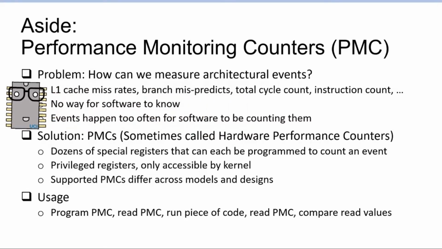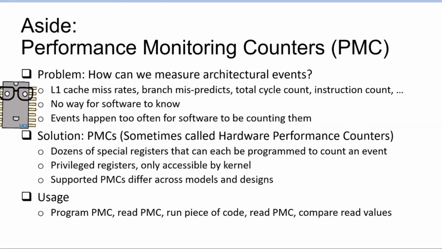Partially because architecturally, these are not exposed to the software, because these changes are supposed to happen transparently from the software that's running on them. And also partially because these events happen too often, too fast.